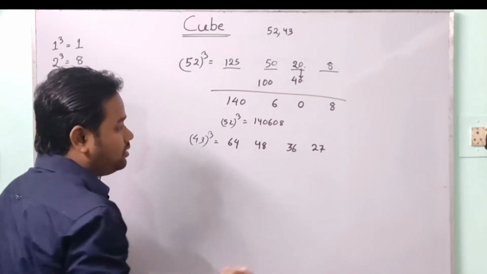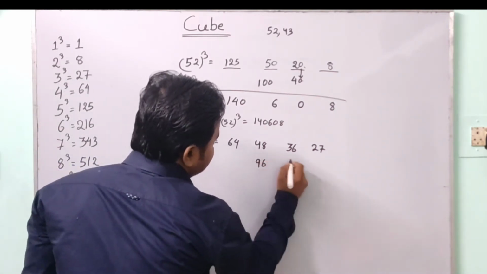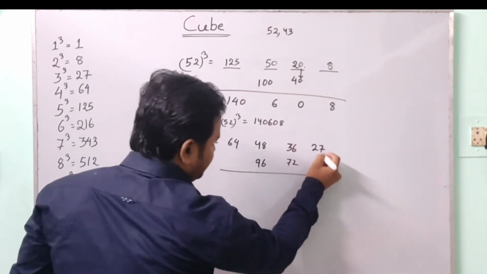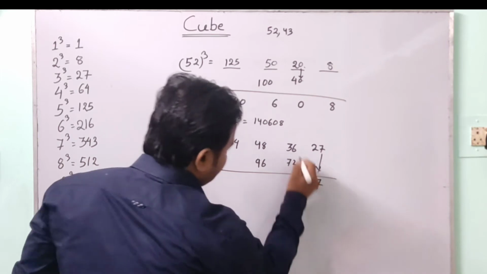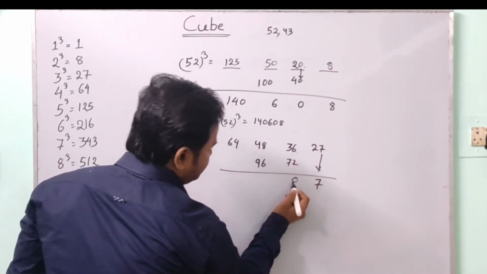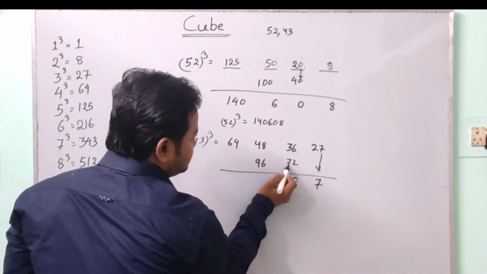Now I will multiply 2 with the middle two numbers. That means it is 96 and it is 72. Now I will add this. Here it is 7. Now here 6 plus 2 plus 2 is equal to 10. That means 0 is written here and 1 will be carried. So 3 plus 1 is equal to 4, into 7, 11 is 11.